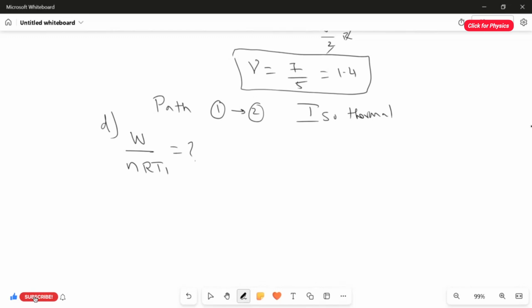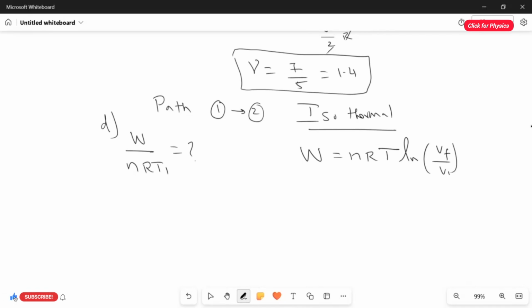If you want to find the answer here, first of all, we have to write the formula for work done for the isothermal condition. In the theory, we already studied the formula for the work done for the isothermal, which is W equal to nRT natural log of V final over V initial.